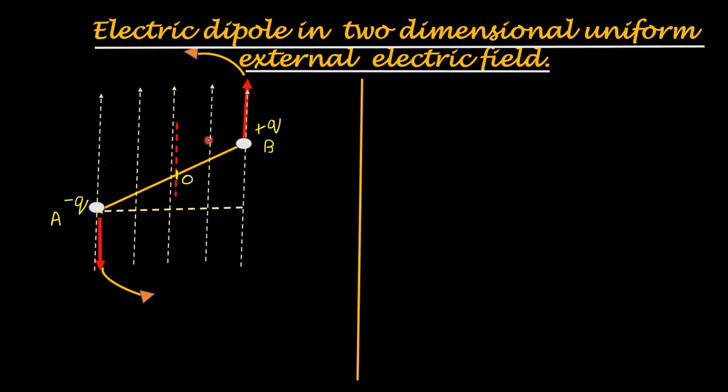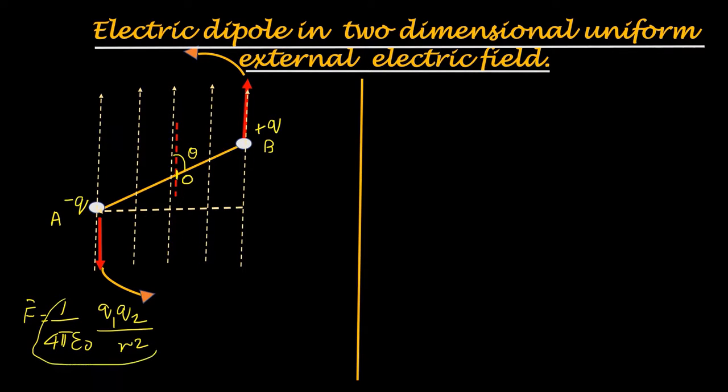This is the uniform electric field representation. Its direction is shown by the arrowhead. The electric field direction and the direction of the dipole moment bear an angle theta. The external electric field exerts a force on negative Q and also at a positive Q. Electrostatic force is equal to 1 by 4 pi epsilon naught Q1 Q2 by R square.